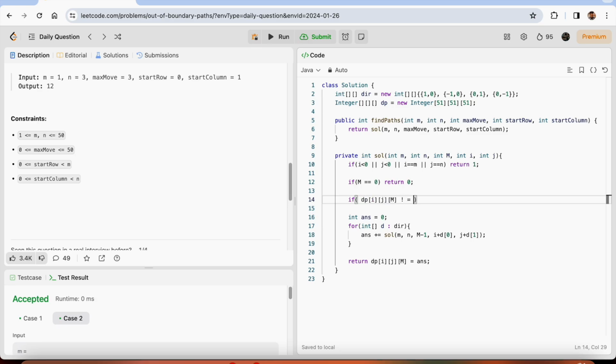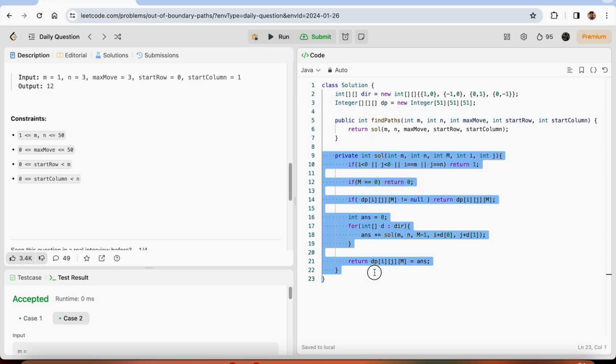If that value is not equal to null, we can directly return this value. Otherwise, process it. I'm using a wrapper Integer class, so it will be initialized with null at the start. Okay, memoization is also done. Now the time complexity would be m into n into capital M.